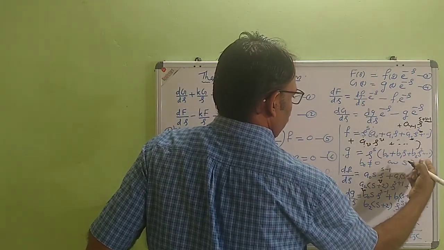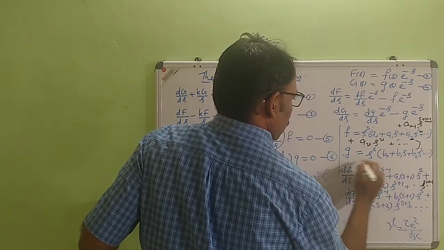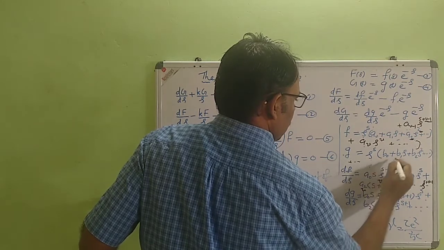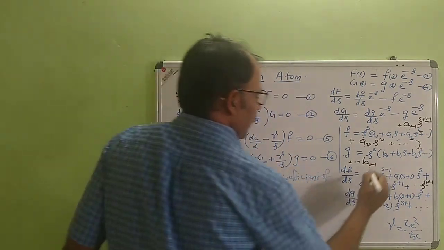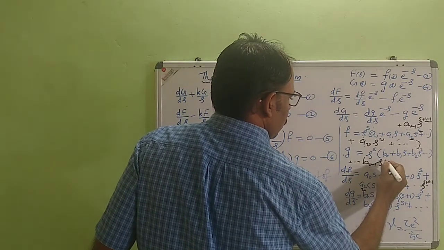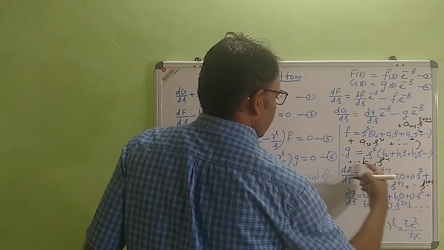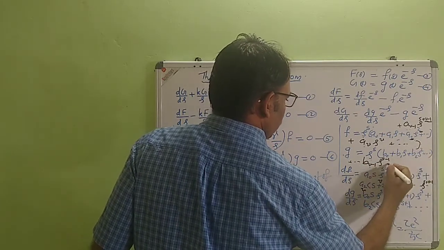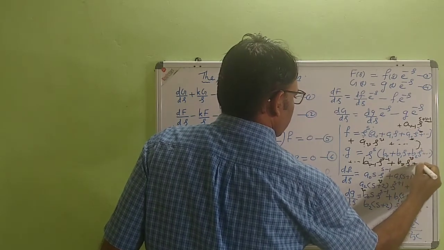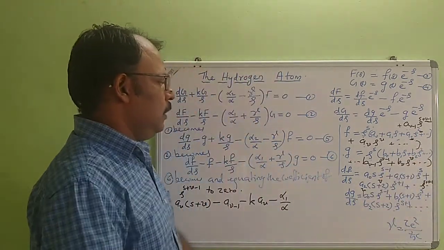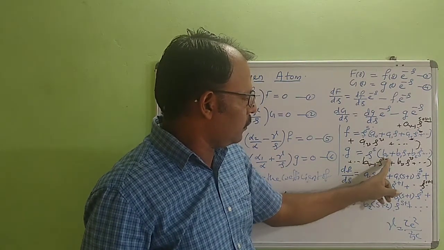Here g is rho raised to s into b1 plus b2 rho squared, like that, b v minus 1 rho raised to v minus 1 plus bv rho raised to v plus etc. Now take this term rho raised to s into bv minus 1 rho raised to v minus 1.